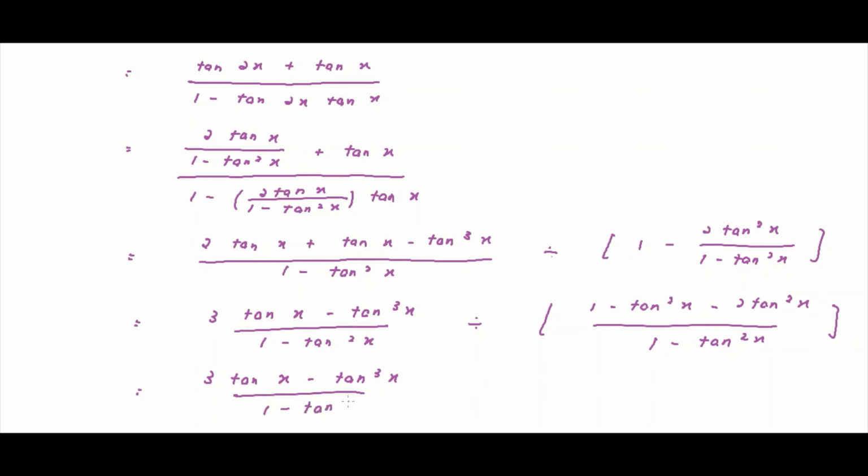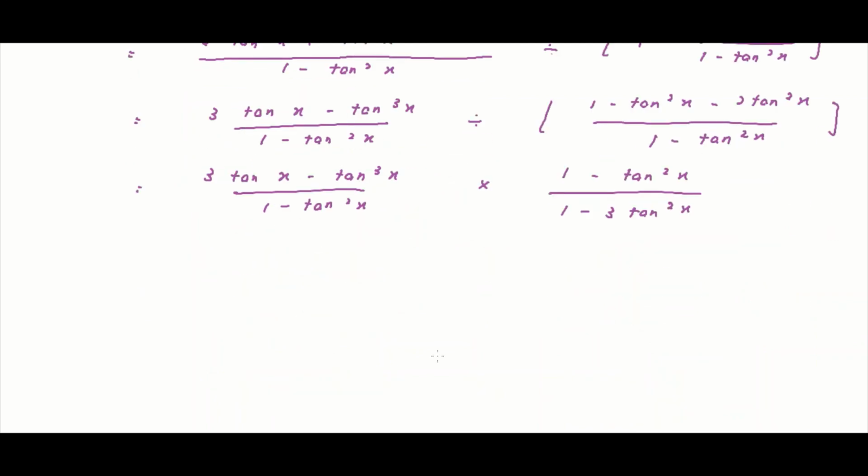So how about the second part? You need to change it to multiply, right? So you can just reverse them, I mean upside down. Then after that you get 1 minus tangent square x divide by, when you minus you get 3, so 1 minus 3 tangent square x. So you can see 1 minus tangent square and 1 minus tangent square cancel out each other.